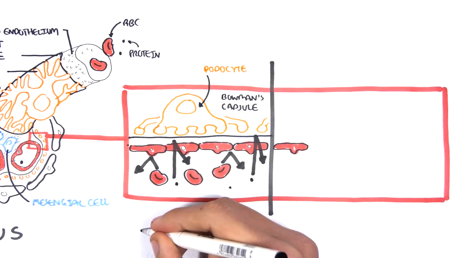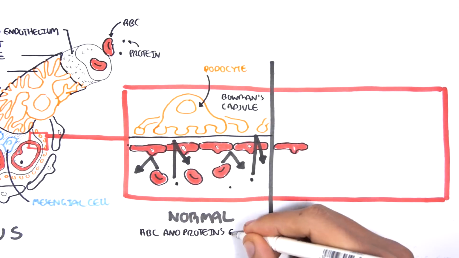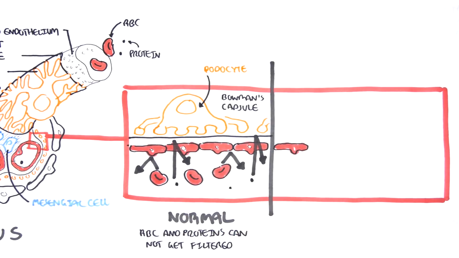Red blood cells cannot get filtered because they are way too big for the capillaries, the fenestrated endothelium. The proteins cannot get filtered because, one, they are still too big, and two, the podocytes prevent protein from passing through. The podocytes do this because they have a negatively charged surface, which repels the negatively charged protein ions.